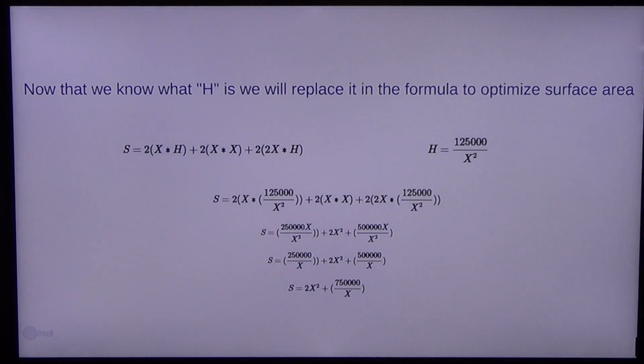The next step, since we know what h is, we'll replace that back into the surface area equation so that we only have one variable. Since we already knew that the length was 2 times the width, we've already replaced that in there as the 2x. And the answer to all that comes down to the surface area being 2 times the width squared plus 750,000 over the width.